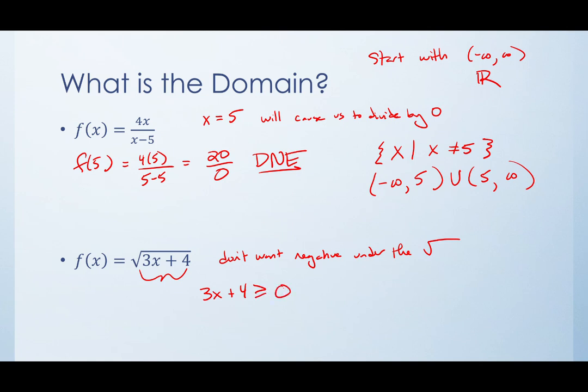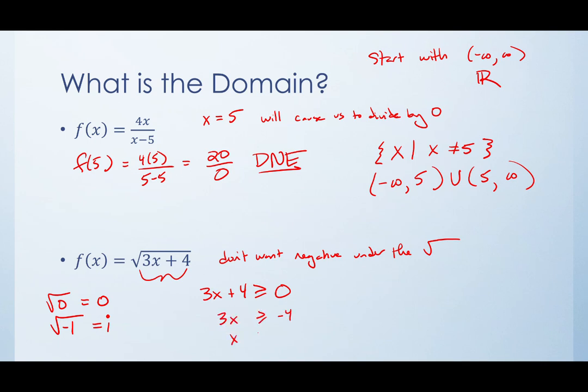Because if I plug in something that causes it to equal 0, that's okay, because the square root of 0 is 0. But as soon as I cross over into negative territory, I go imaginary, and we don't want that. So we're going to set this requirement that what is under the radical must be greater than or equal to 0. We're just going to solve that.